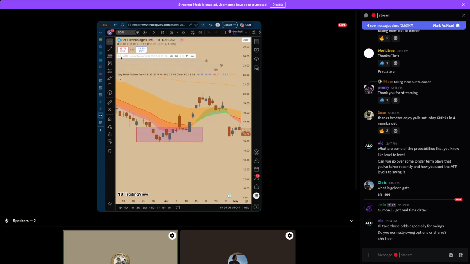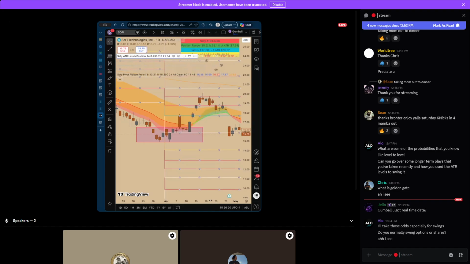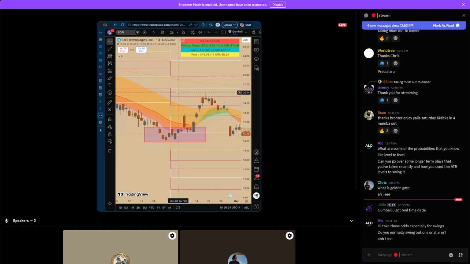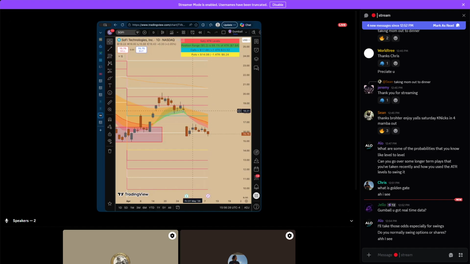And then you can use ATRs too. I don't think this one has long term. I think it only has position, if I'm not mistaken. Whenever I looked at it last time. Yeah, it doesn't have long term, it just has position. Yep.